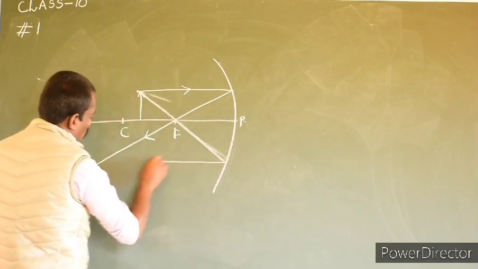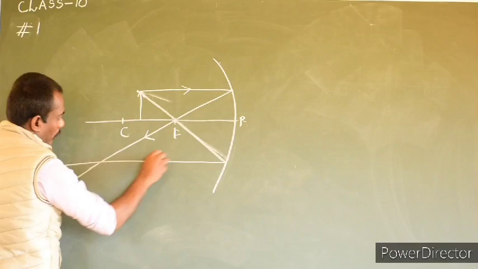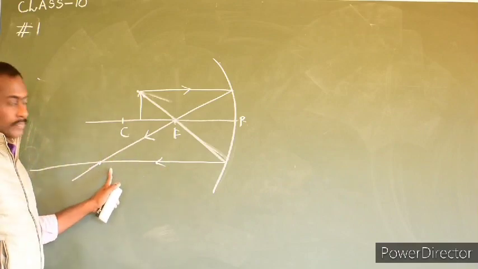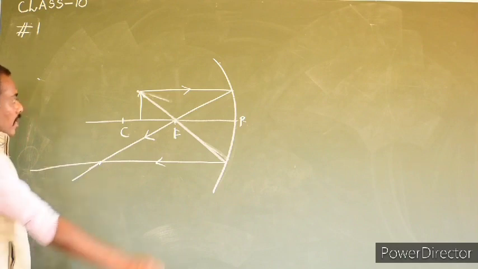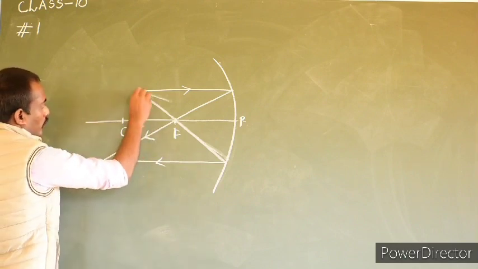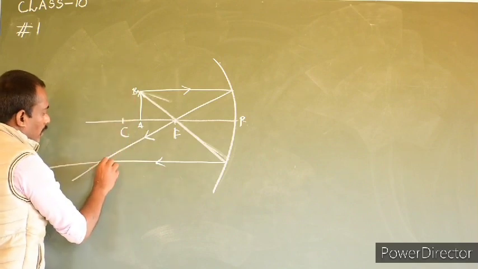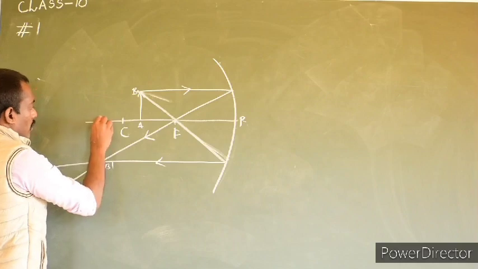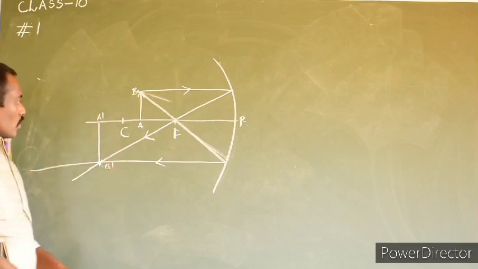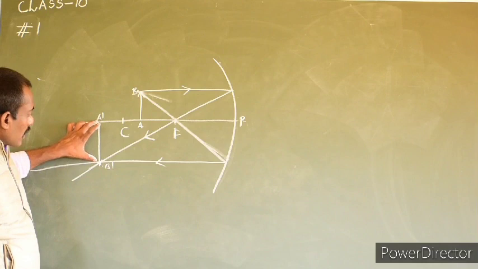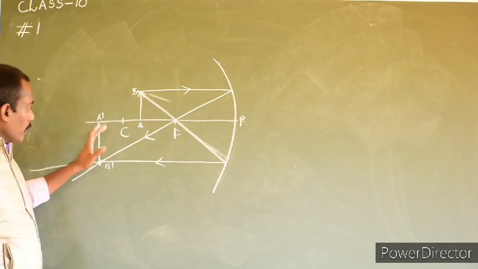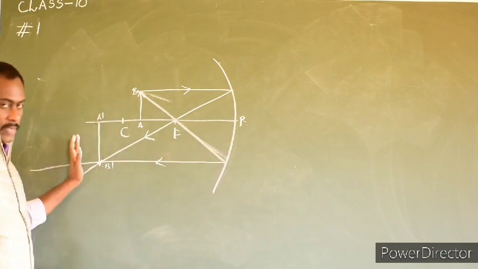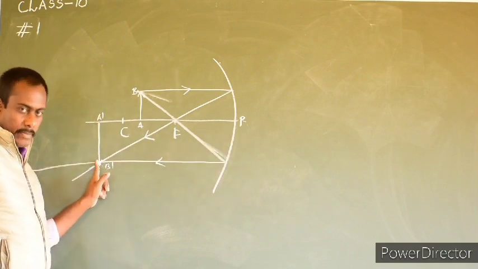and these two rays are going to intersect here, and this is the point where the two reflected rays intersect each other. And since the height of the object is AB, this point will be the B dash of the object, and this is A dash. So here, as we know, the image is inverted, and it is also formed on the same side of the mirror, therefore it is a real image.